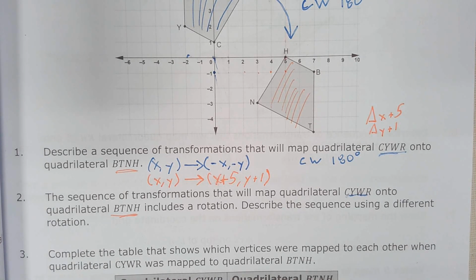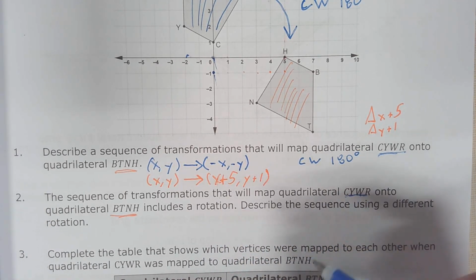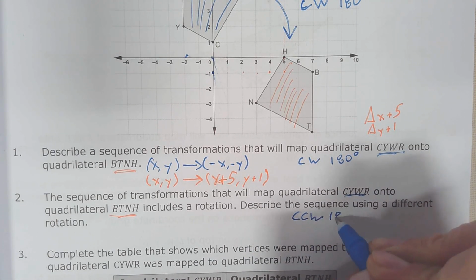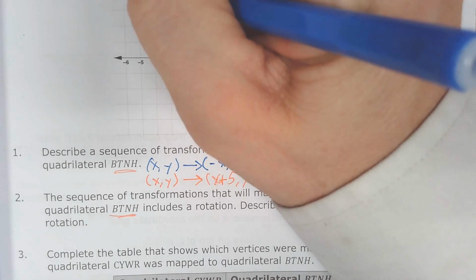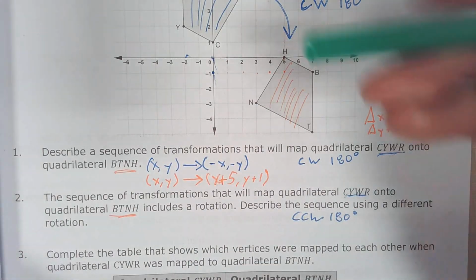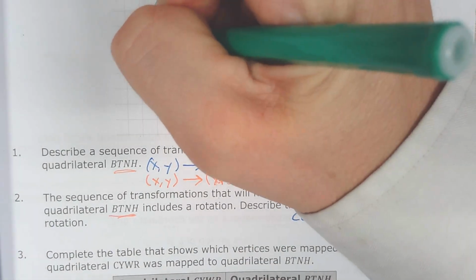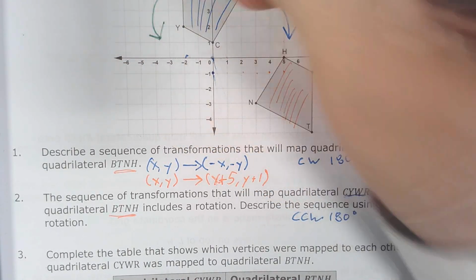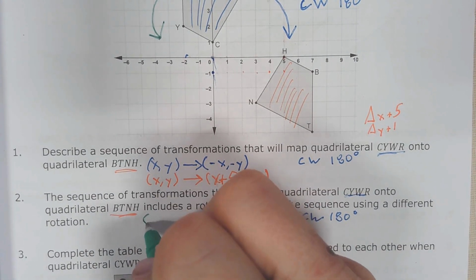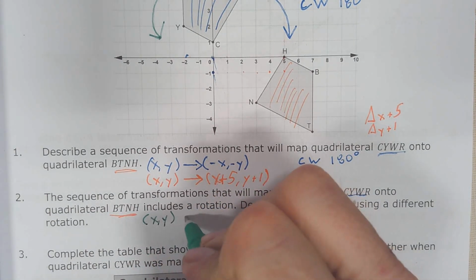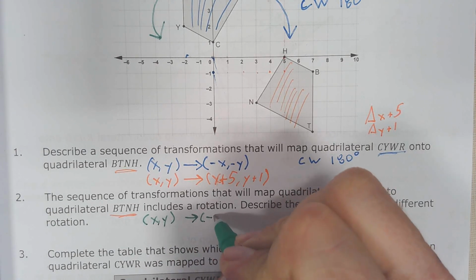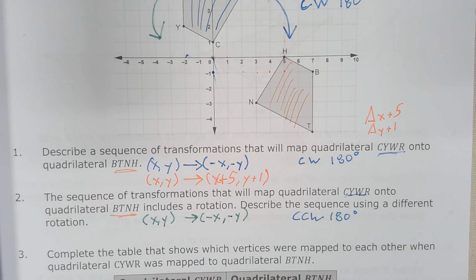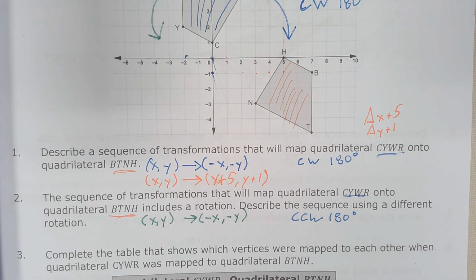So I'm going to do the same thing, but I'm going to use it counterclockwise. A counterclockwise 180-degree rotation. I'm going to rotate it this way. And the algebraic description for that is x comma y goes to negative x, negative y, and that's going to put it in the same spot.